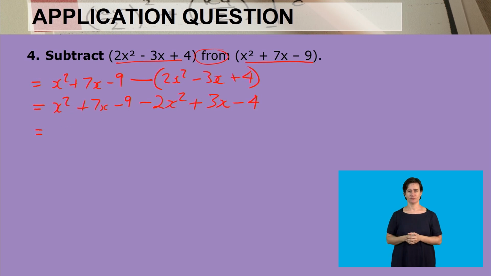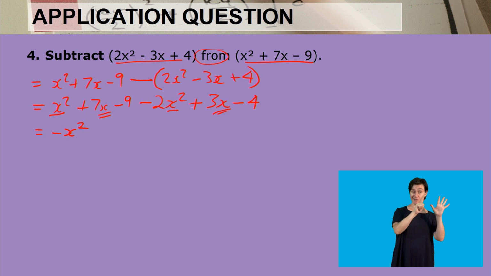And we look for like terms, x squared and x squared. This is 1x squared. Remember, we have a 1 we do not write. So it's 1 minus 2, which would give us negative x squared. And then the next set is x and x.